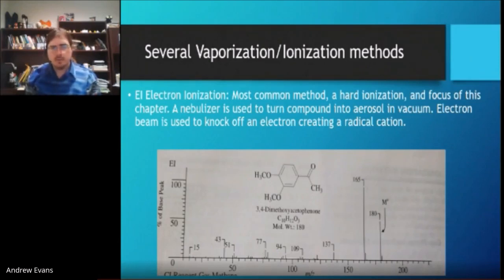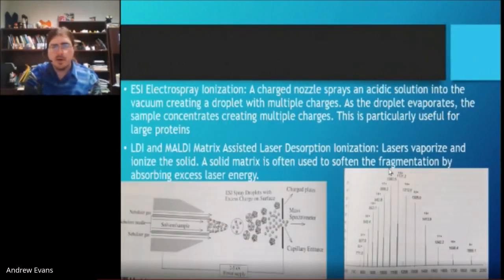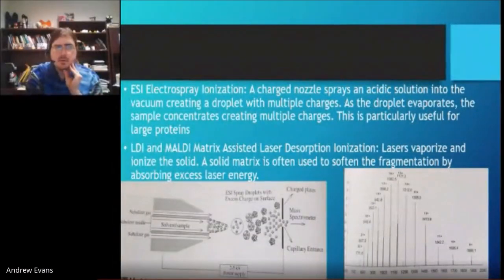Now, we're not going to look at some of the other ionization methods, but how do we then detect these guys? We detect these guys usually by either quadrupole or time of flight.